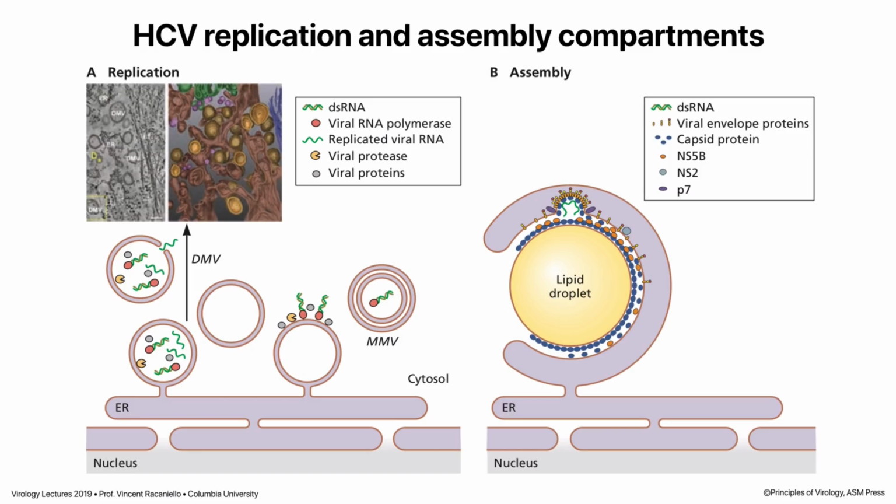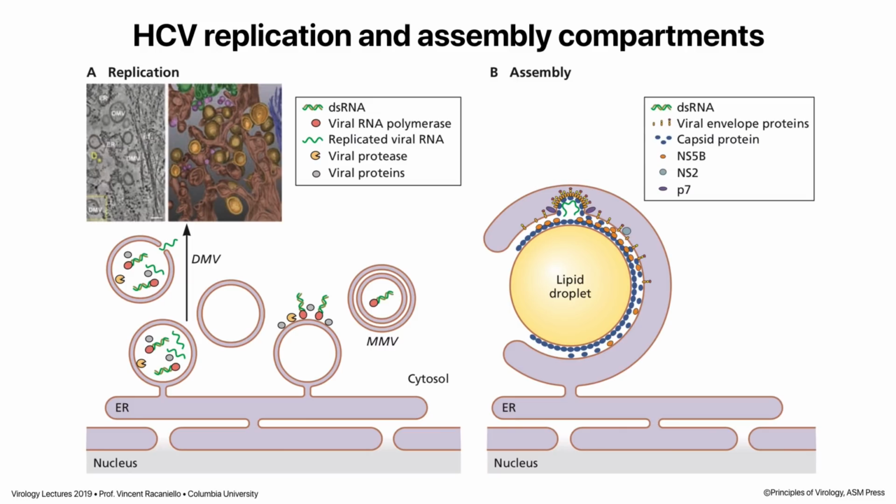If you look at the right panel, this is a zooming in on one of these vesicles. You can see that a variety of viral proteins are coating a lipid droplet, again, which has been made in response to virus infection. And in this vesicle, RNA synthesis has occurred. And you can see now at the top, a virus particle is beginning to bud into the lumen of one of these vesicles.